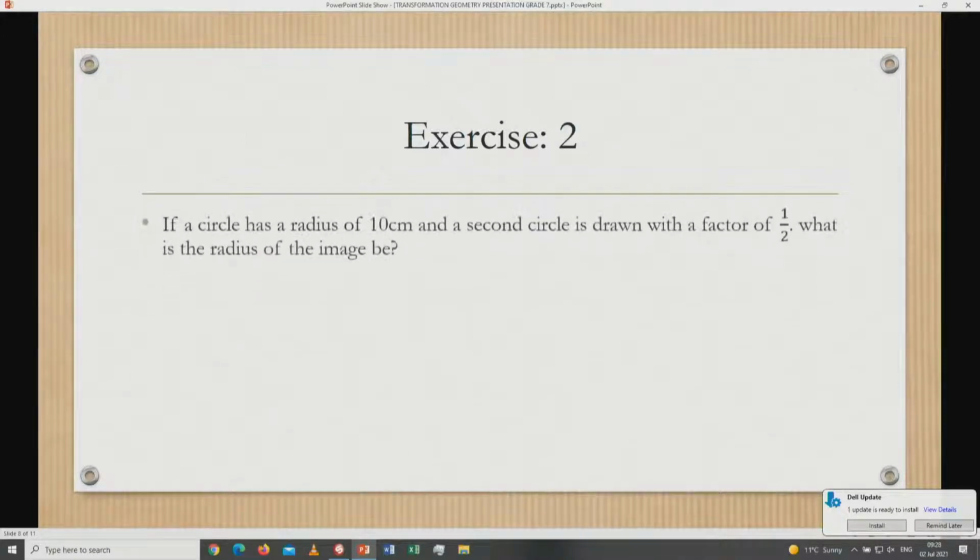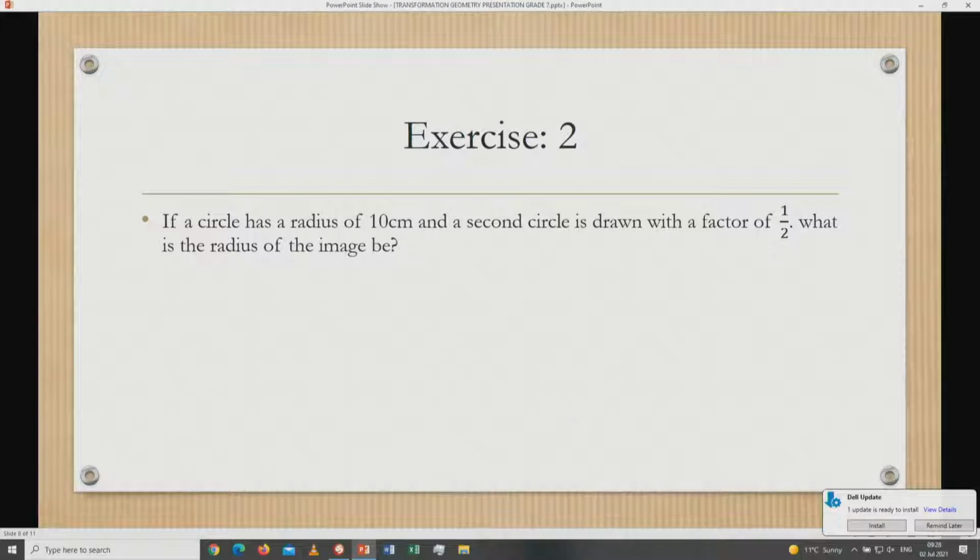Right. Now let us be more practical. In exercise 2 here, it says to us, if a circle has a radius of 10 centimeters and a second circle is drawn with a factor of half, what will the radius of the image B be?